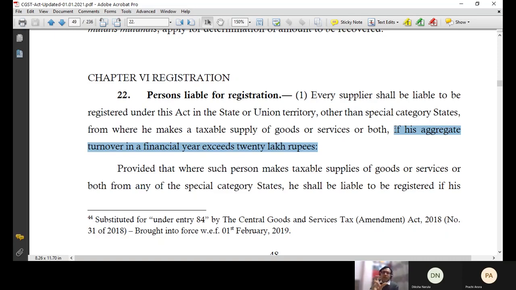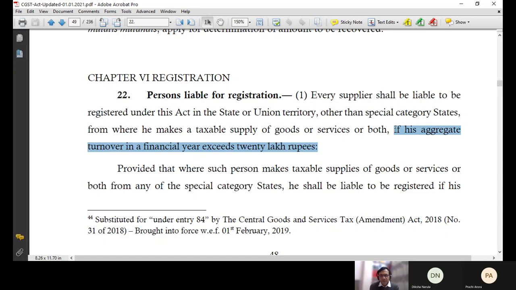Both were relevant depending upon different situations. But in this case, previous year aggregate turnover is not relevant. What is relevant is current year's aggregate turnover. So if current year's aggregate turnover exceeds 20 lakh rupees, I have to apply for registration, otherwise there will be penalties.